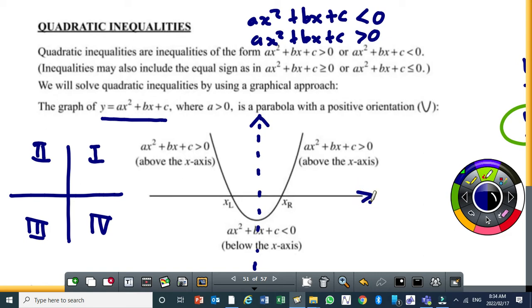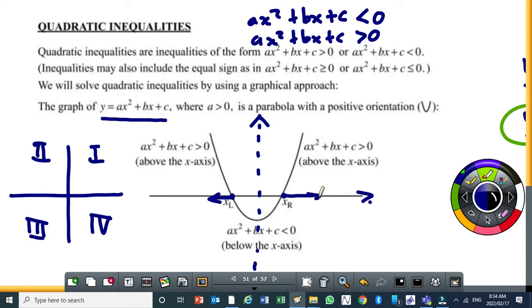What it means is if y is positive, we are talking about values of x going to the left, okay? And also values of x going to the right. Those x values will make y positive, okay?